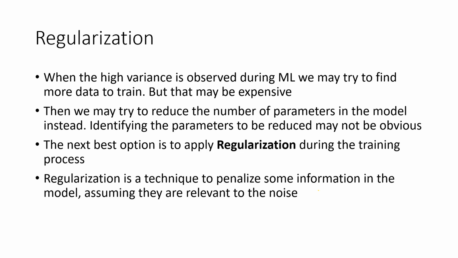Then you can reduce the number of parameters of the model. Maybe if you are using a linear model, you can reduce the number of input features using a dimension reduction technique like principal component analysis, as I have explained earlier, and try to reduce it.